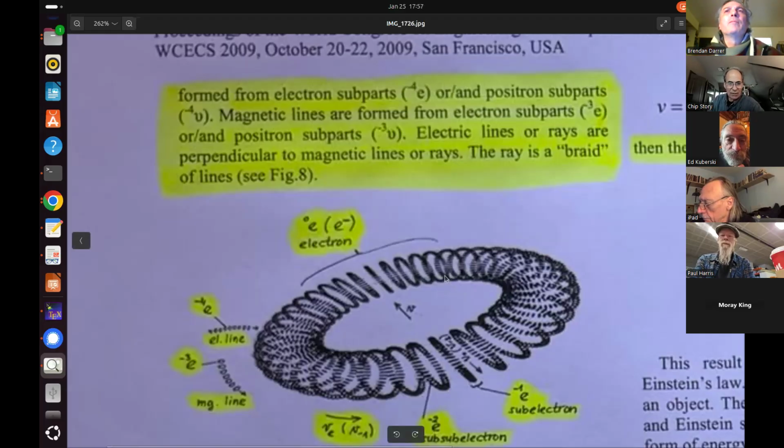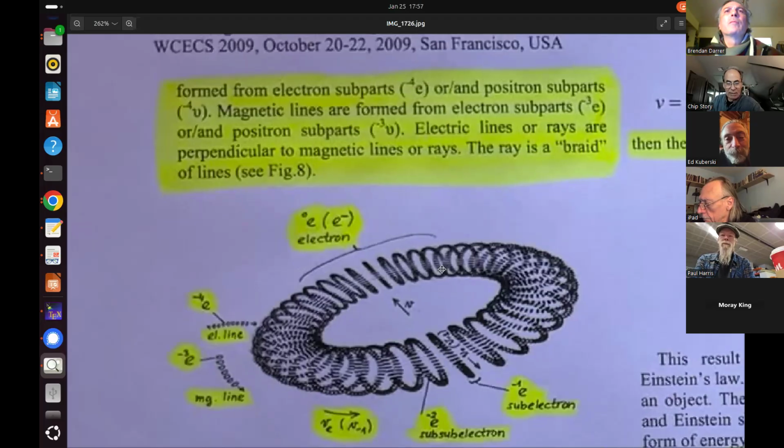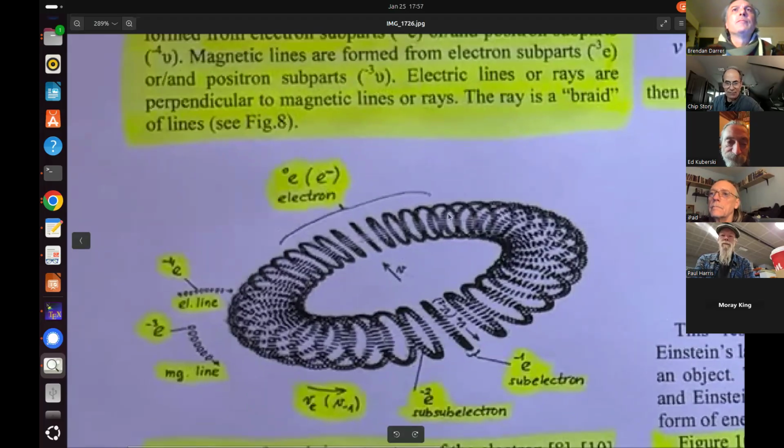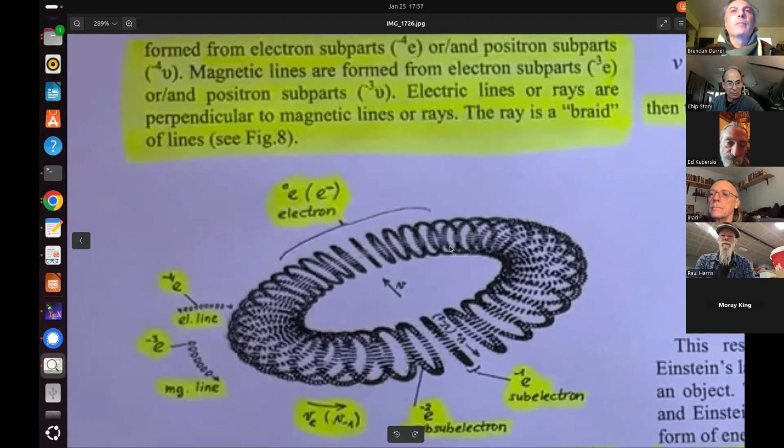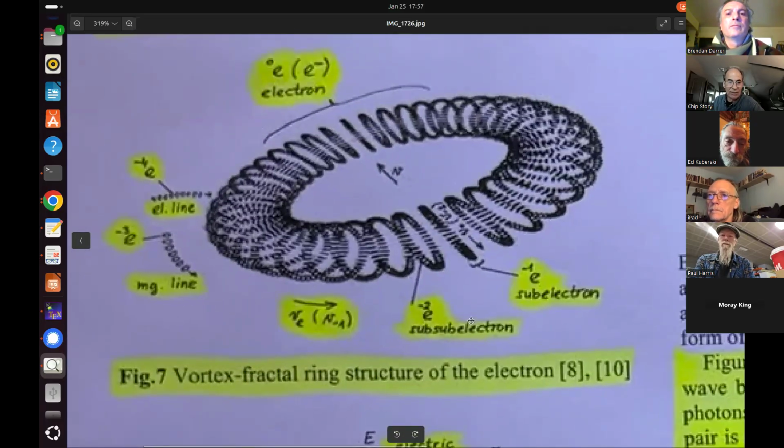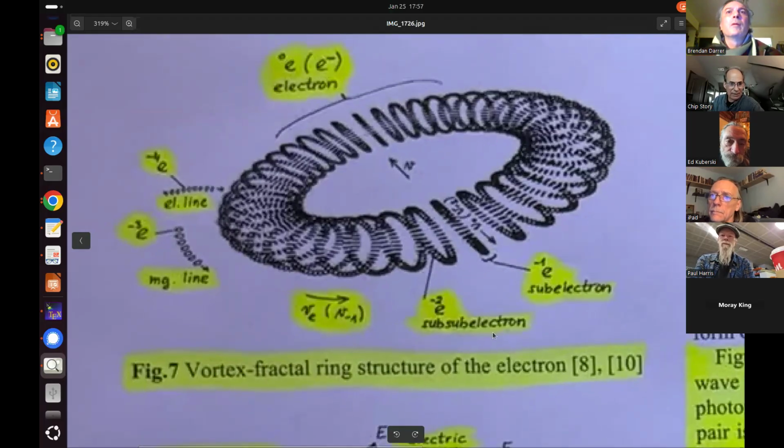Electric lines or rays are perpendicular to magnetic lines or rays. Yeah, I hope so. The ray is a braid of lines. All right, and there's a toroid described there with a whole bunch of fractalized toroids put together into a macro toroid, describing velocities, sub-electrons, pointing out the minute granularity with velocities between them.